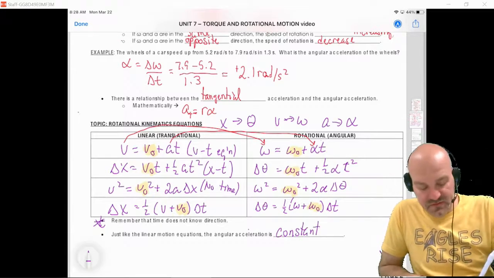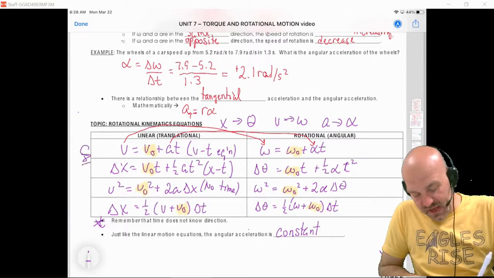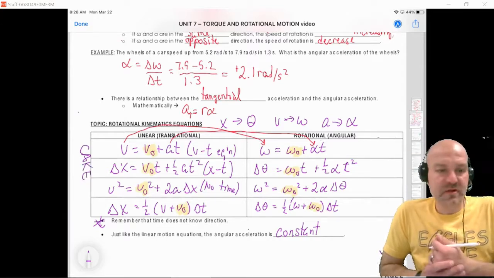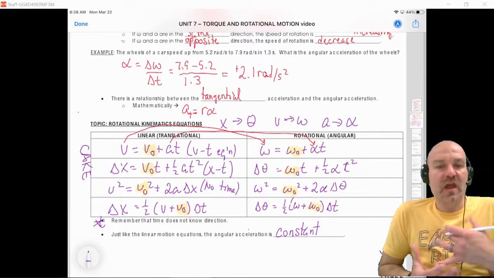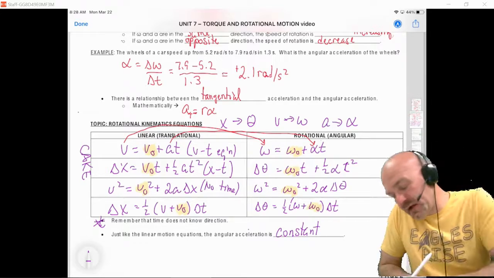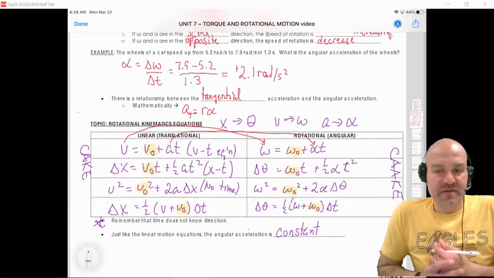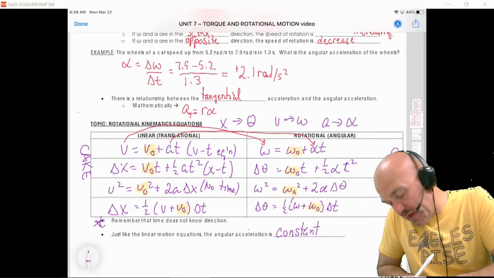We called these equations CAKE, constant acceleration kinematics equations. Well, you can talk about the other ones as constant angular acceleration kinematics equations, so the double A is angular acceleration.